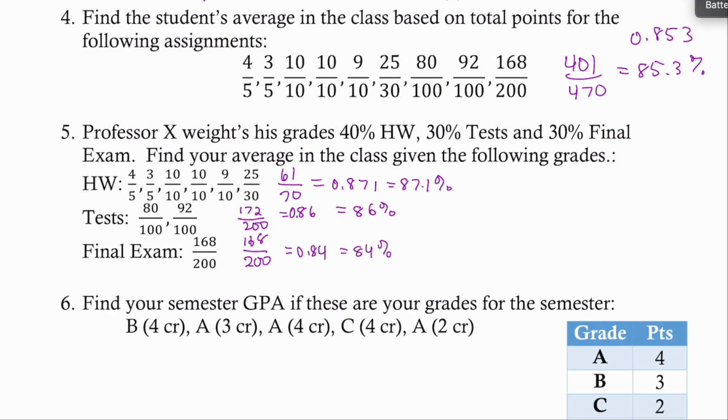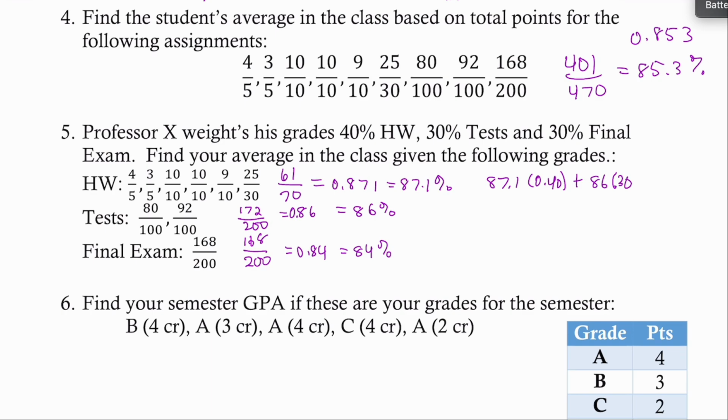Now we're not done. Remember, we have 40% is for homework and 30% is for tests and 30% is on the final exam. That's how Professor X weights his grades. So what you're going to do is take 87.1 times 40%, which is 0.40, plus 86 times 30%, which is 0.30.